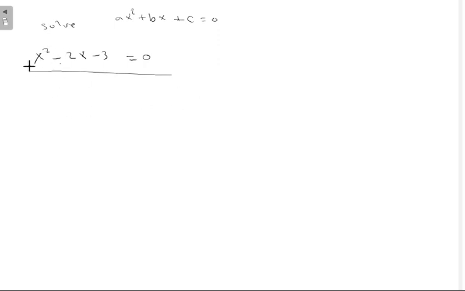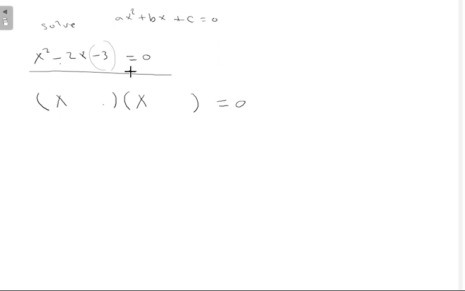So all I need is to rewrite this equation as a product of two factors equals to 0. Each factor has x and a constant here.